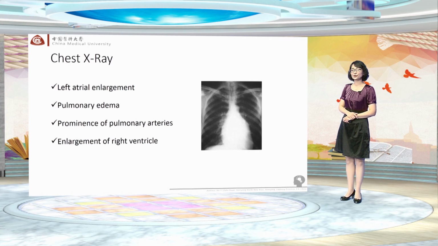On the chest X-ray, we will see a pear-shaped heart. That means the left atrium becomes enlarged, and sometimes with pulmonary edema. There will be a prominence of pulmonary arteries, and sometimes if the right ventricle is affected, we can see the enlargement of the right ventricle.